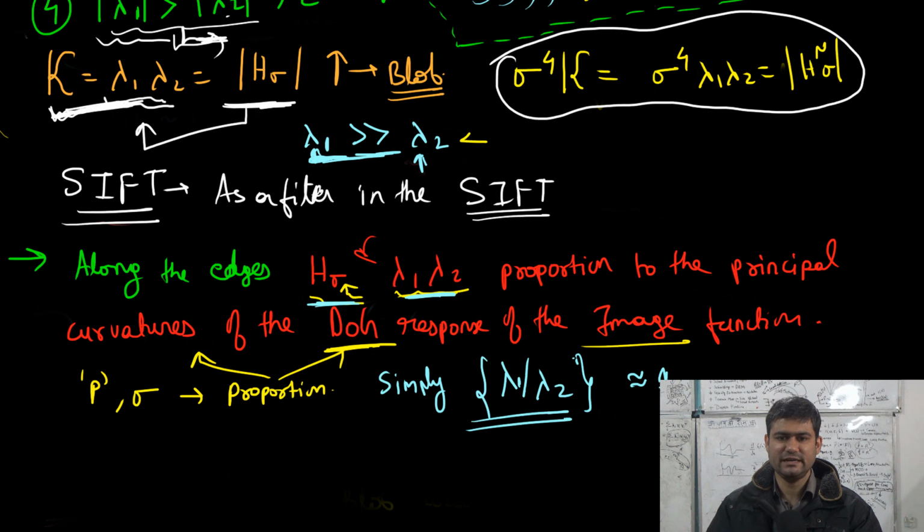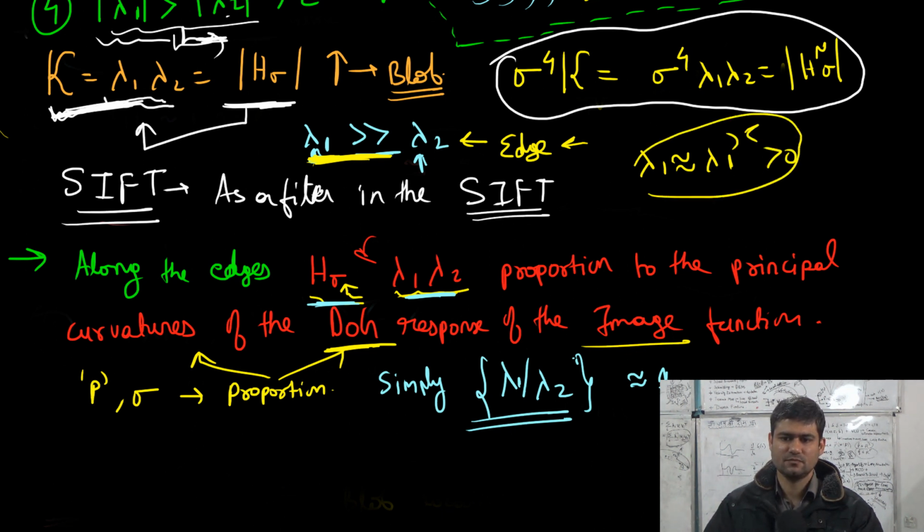And this point thus indicates the presence of an edge rather than a blob in an image. So if lambda 1 is significantly large, then this point represents an edge rather than a blob. And if the blob is circular, then both the eigenvalues will be very close to each other, and they both will be greater than 0 or some threshold tau as well.